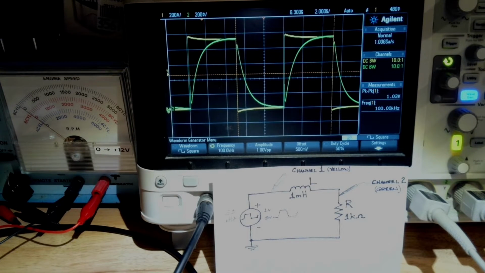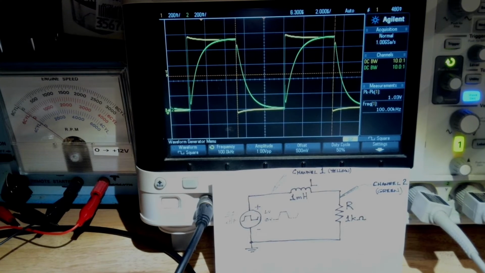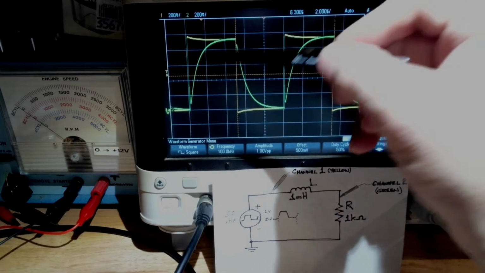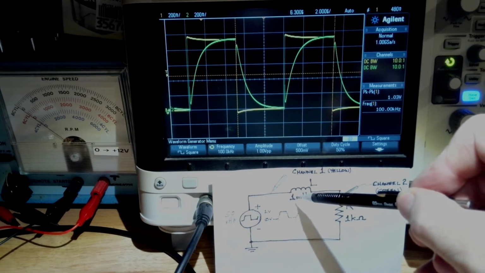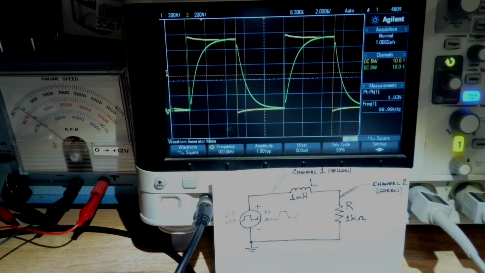And what's happening is a behavior called Lenz's law, L-E-N-Z. Lenz's law says whenever you try to change the current in an inductor, you will wind up changing the magnetic field in that inductor.